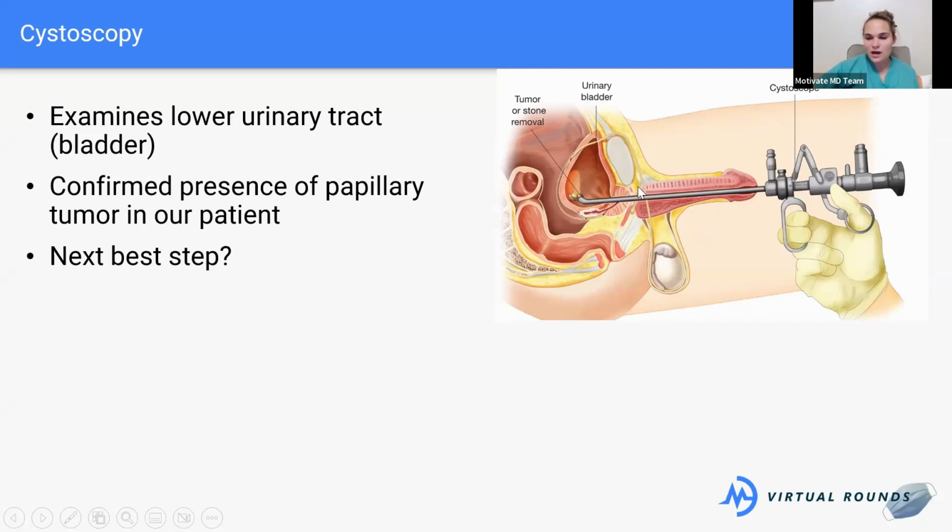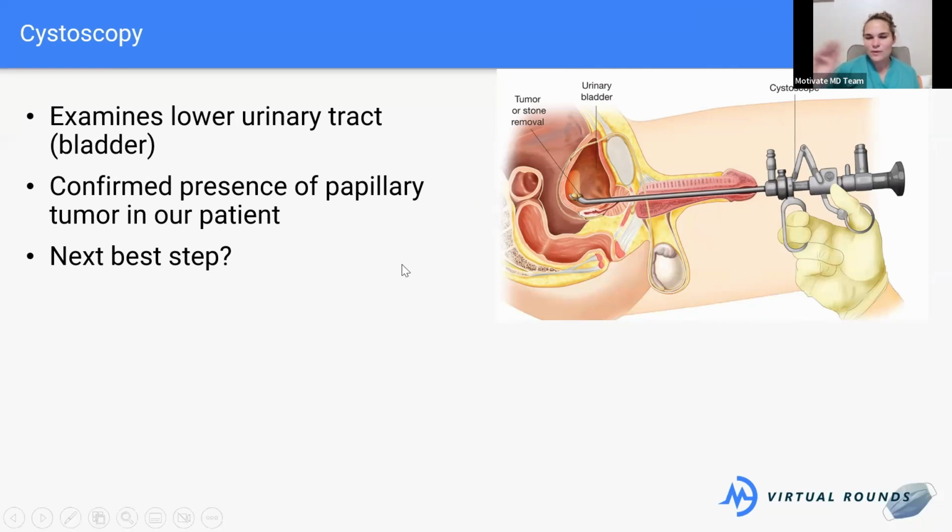And you go through the urethra, the penis, and you go into the bladder here, and then you can see, obviously, the inside. And so in our patient, what we saw was a small little papillary tumor. So what do we want to do with that? We see it, we've got our cystoscopy, we're in there.